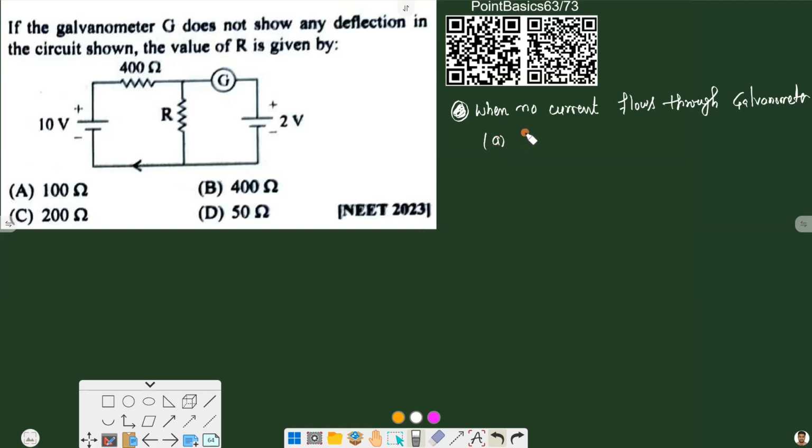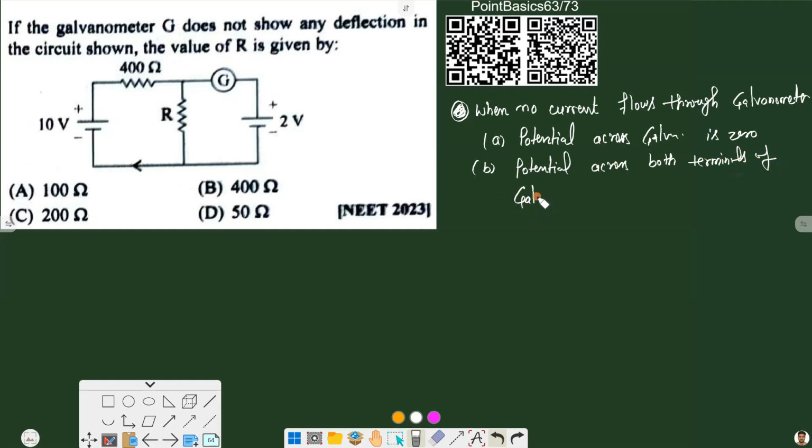Number one, the potential across the galvanometer is zero, or second case, the potential across both terminals of the galvanometer is equal.